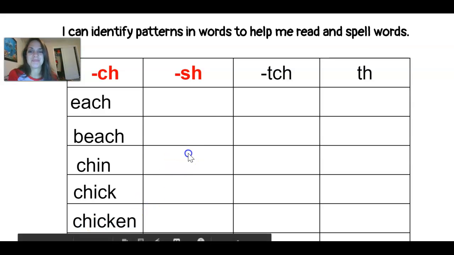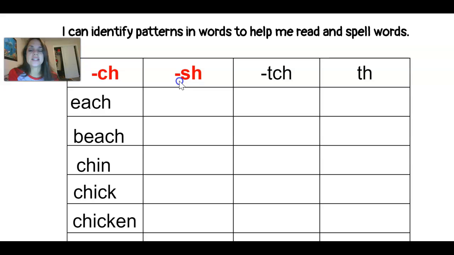Great job. Now I'm going to look at this consonant cluster, two consonants that form one sound called a digraph. Did you guess digraph? Sh. Fish. Go ahead and try this next word. So we have two word parts.